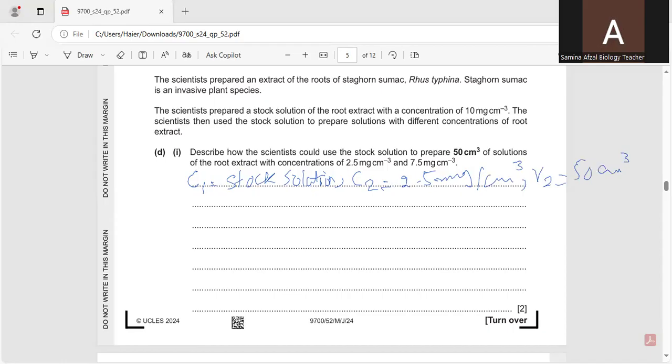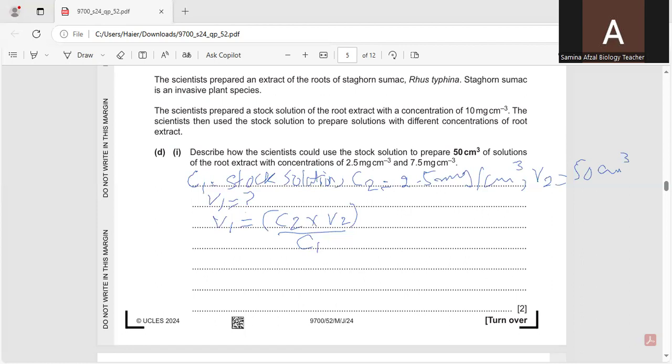So we have to find out V1. So we will use this formula: V1 is equal to C2 multiplied by V2 divided by C1.